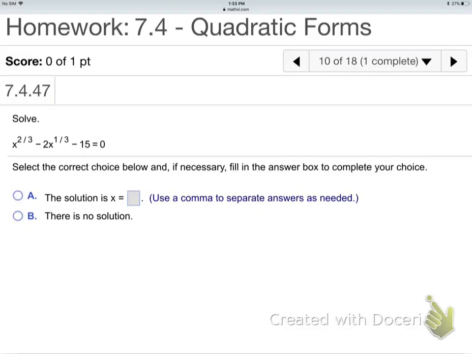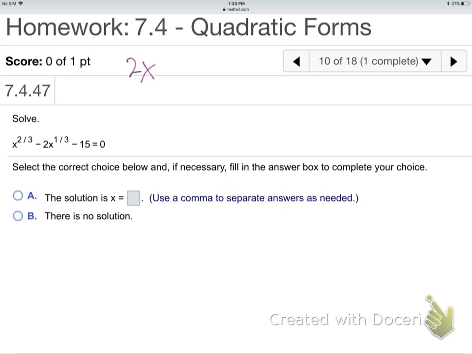All right, so there we go. What are we going to do when we have fractional powers or negative powers or fourth powers? What's our game plan? We're going to let U be the middle and U squared be the front.